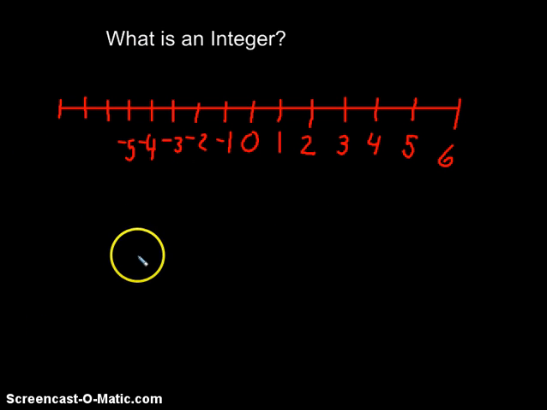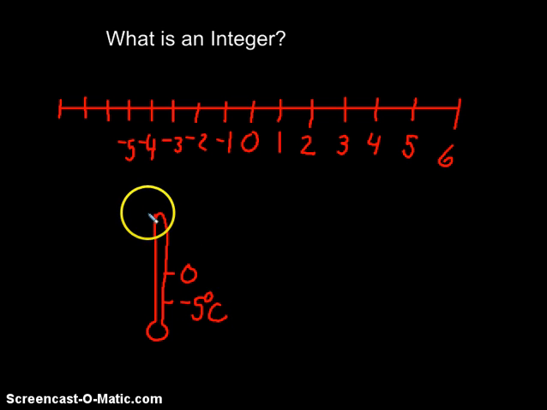Some other common examples of positive and negative numbers would be temperature. If you go somewhere where there's snow and it's really cold out, oftentimes you would be below 0 degrees. You might be at -5 degrees Celsius where there's lots of snow.